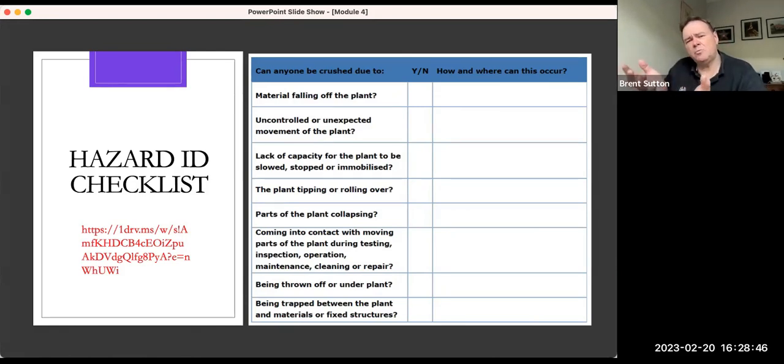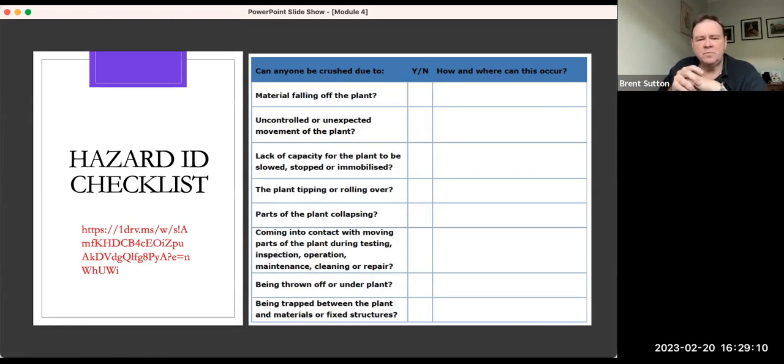And in this example, we're not asking about, is there a crushing hazard on the machine? What we've done is generate and create a series of hazardous situations or hazardous events that can happen on that machine that can lead to a crushing injury.